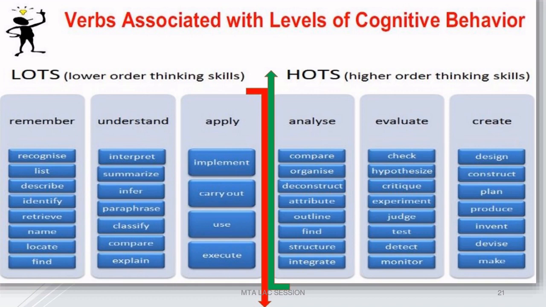On the other hand, higher order questions ask students to use information previously learned to create or support an answer with logically reasoned evidence. Both higher and lower order questions are useful and have their place in the teaching learning process, and not only in this process, but also in assessment as well.